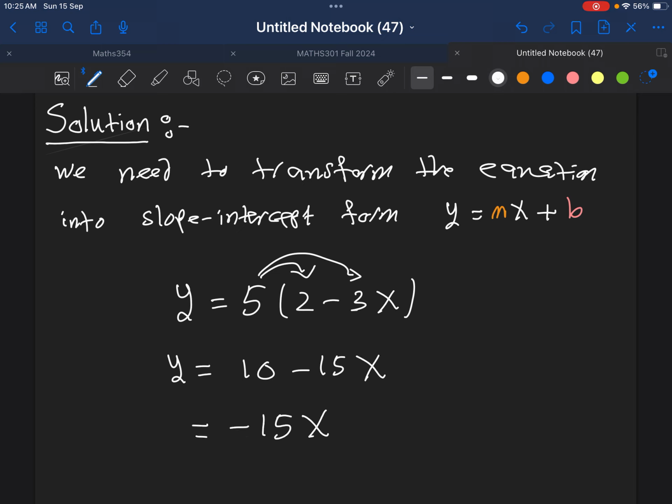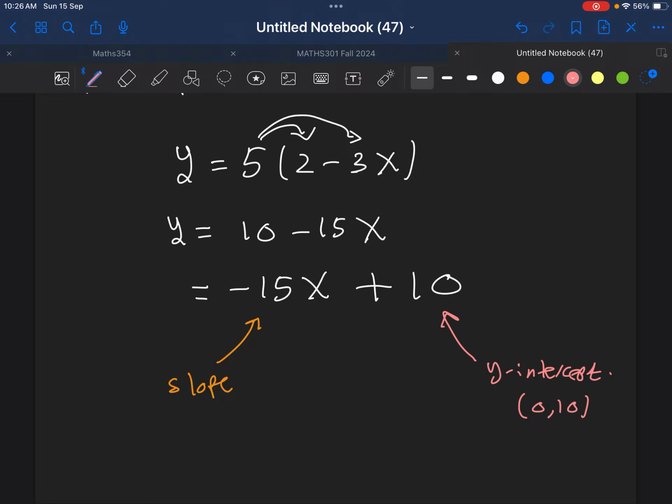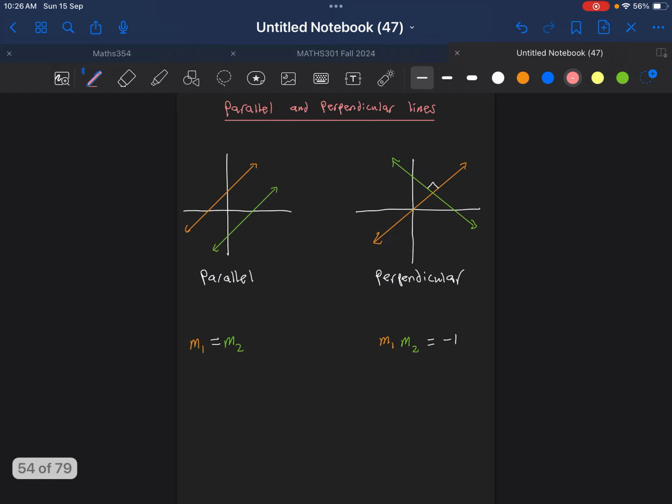So this means negative 15x plus 10. Now what is the slope? This is the slope, the number in front of x. What is the y-intercept? This is the y-intercept, which is 10. Or actually it should be (0, 10) because x is 0.